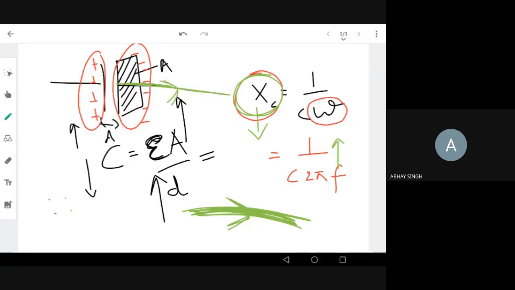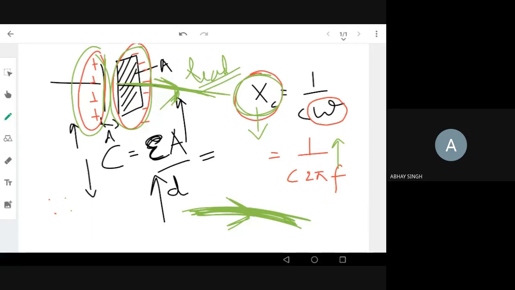Although current has already passed, the voltage is still not passed, it is still across the plates of the capacitor. So it allows the current to flow fast, so there is no phase lag to the current. It makes the current lead the phase in input phase, and the voltage will lag.